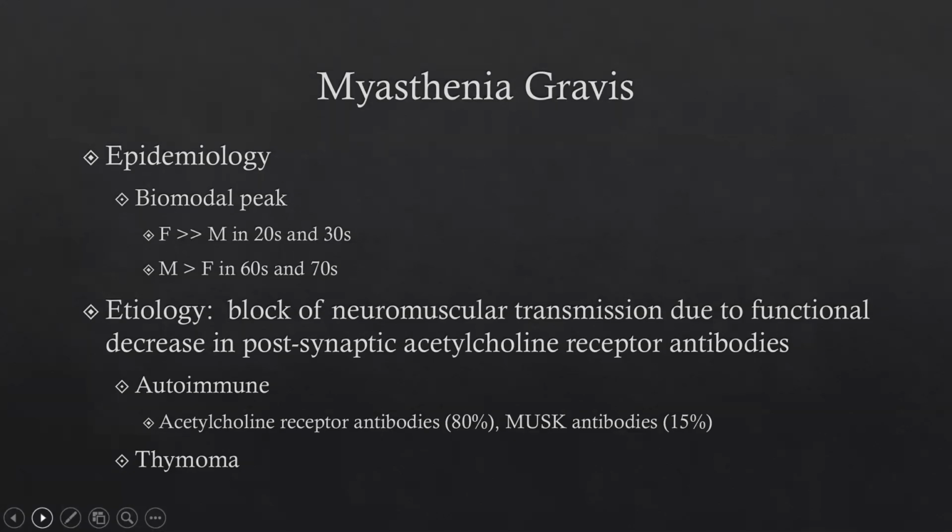And then there's also low density lipoprotein related protein 4, or LRP4 antibodies, that are important there, in addition to another subset of small antibodies that are thought to be implicated in this autoimmune process.